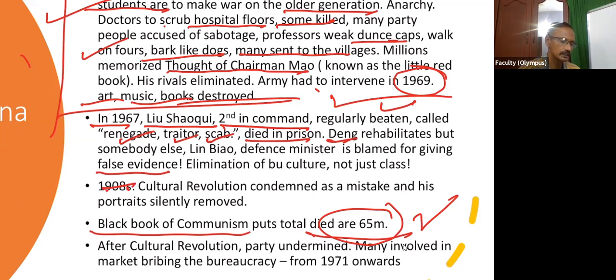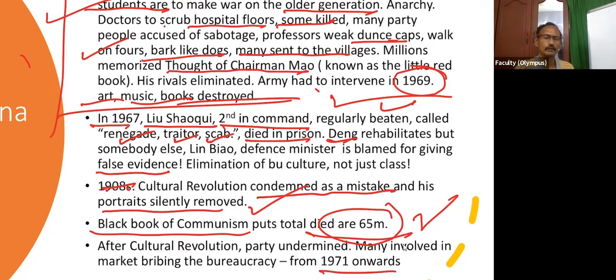By the 1980s, the Cultural Revolution was condemned as a mistake and his portrait silently removed. But from 71 onwards, people understood very clearly. Even before, many people understood that Maoism was such a failure.